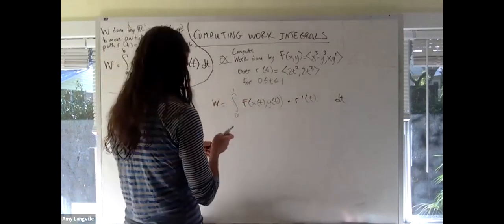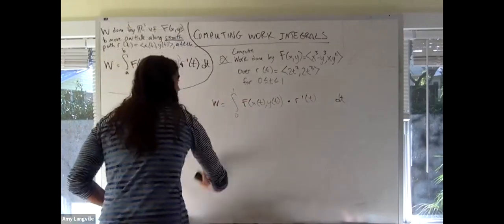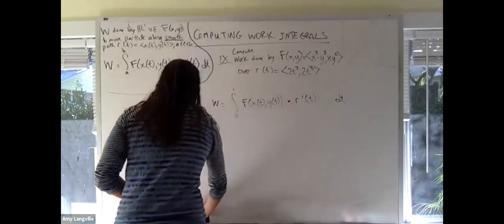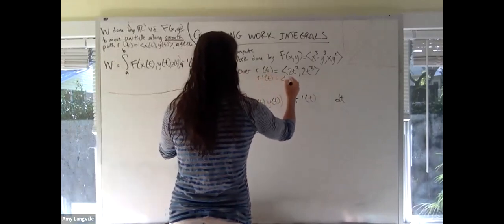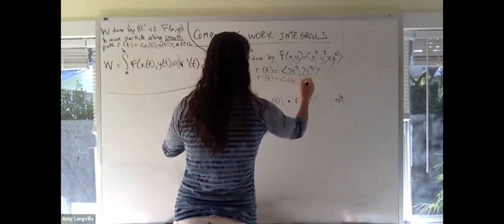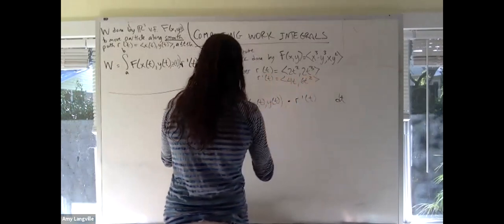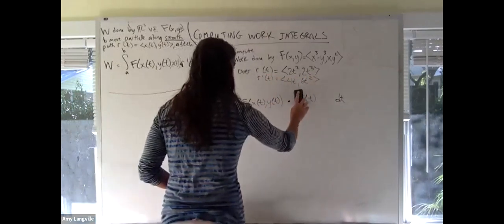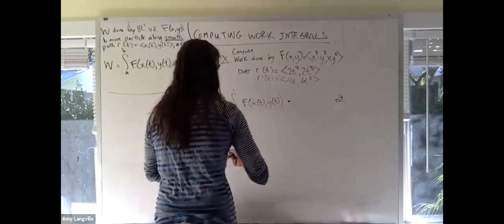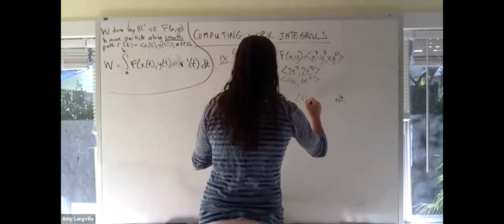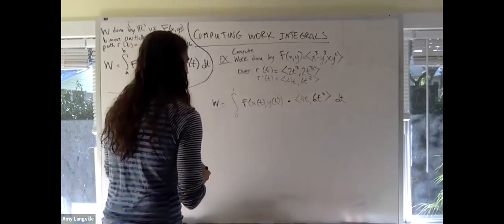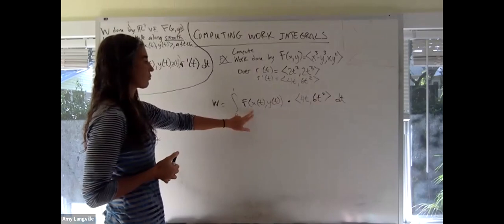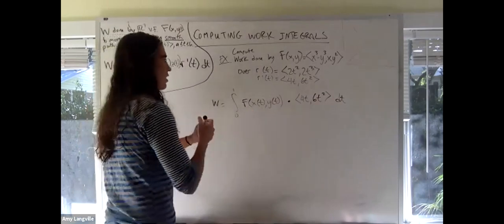Okay, so we can do a little computation here. We need a derivative. R prime of t is going to be 4t, 6t squared. So that's going to go right here. But then we need to do a little work at the beginning to figure out what x of t, y of t is.